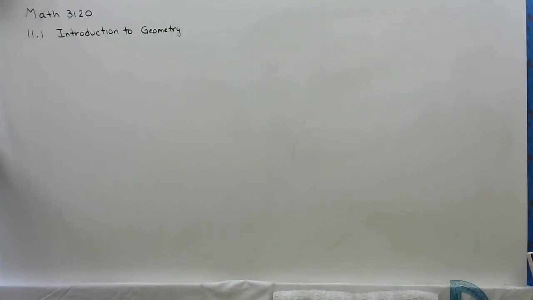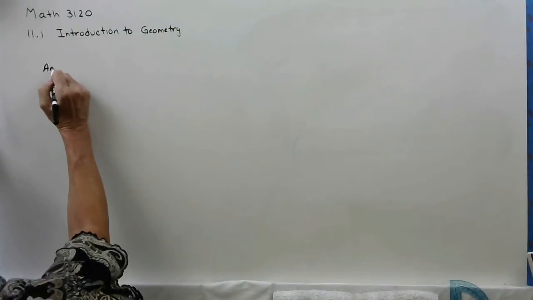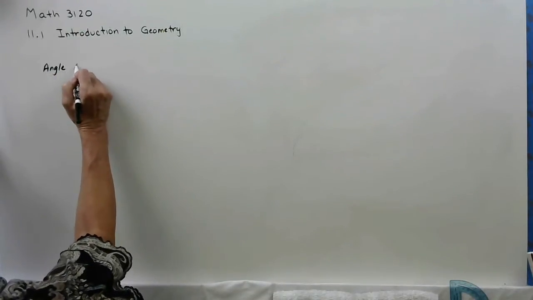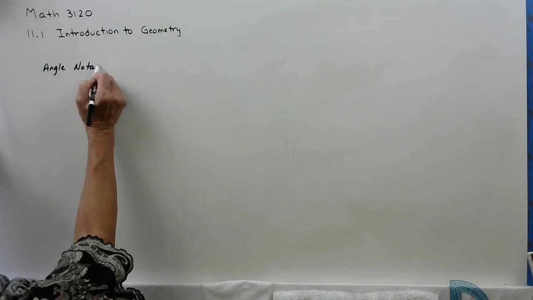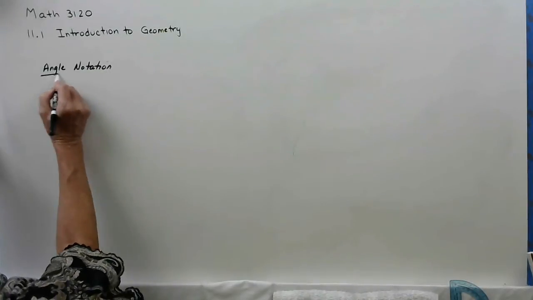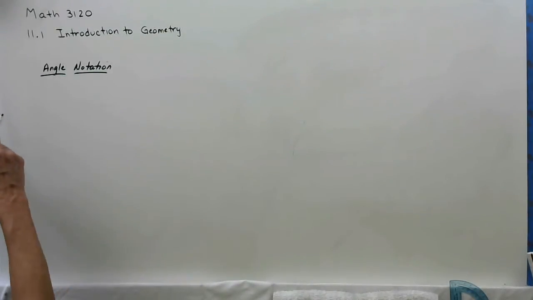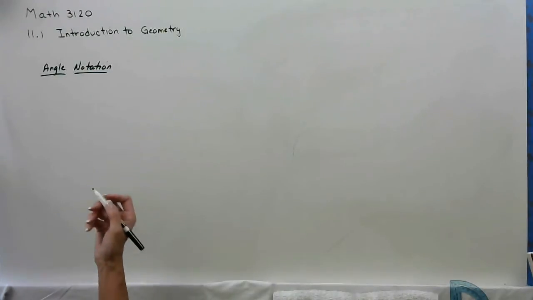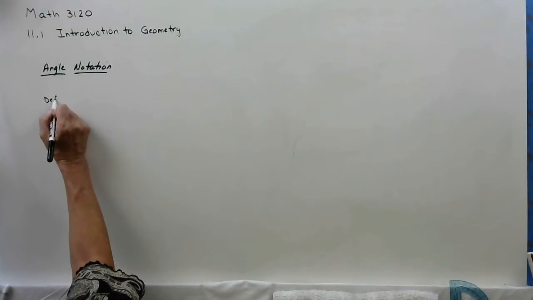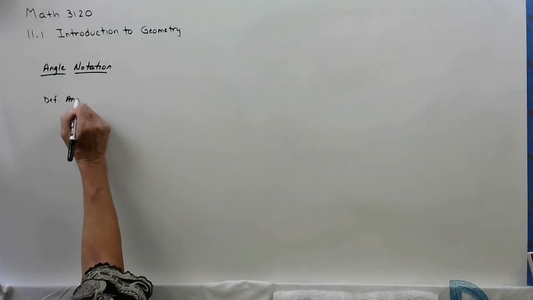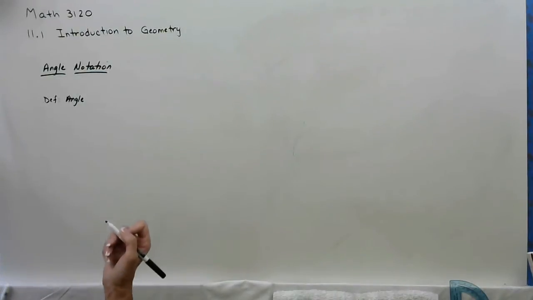All right, so let's take a look at angle notation and angle measures. First of all, let's take a look at what we mean by the definition of an angle.